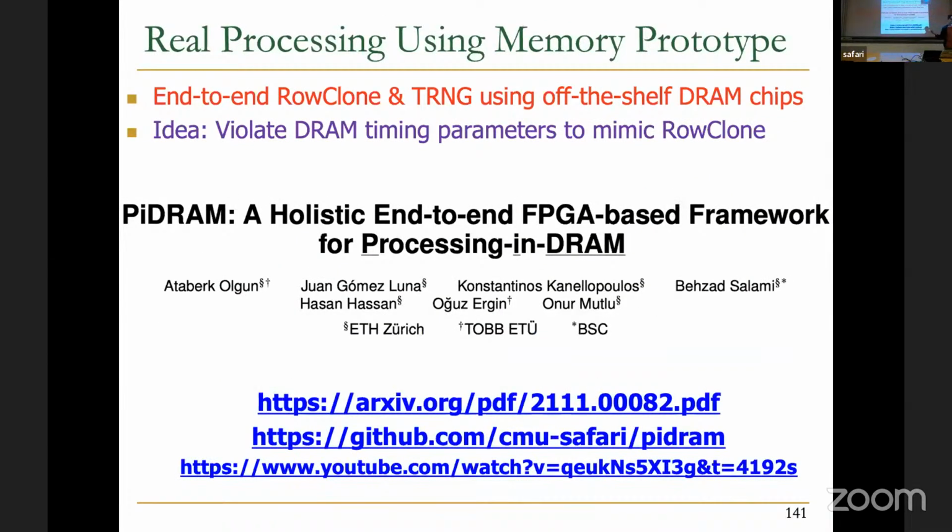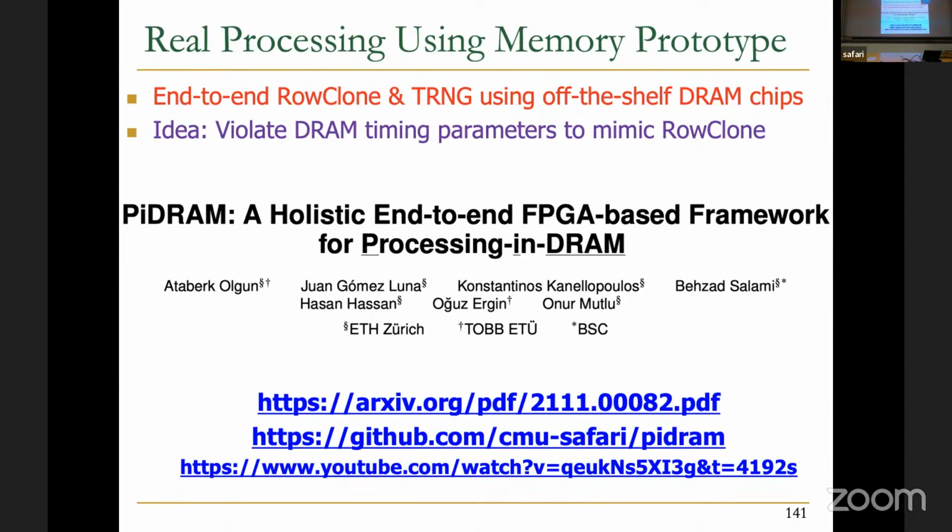Using the insights from the ComputeDRAM paper, we developed an end-to-end framework to go even farther in the studies related to processing in memory and processing in DRAM. Because in the end, if you just show that in the chip it's possible to use something like RowClone, then that's fine. But it's going to be much more complex to integrate this operation, this row-to-row copy, in a real system if you don't have enough support.